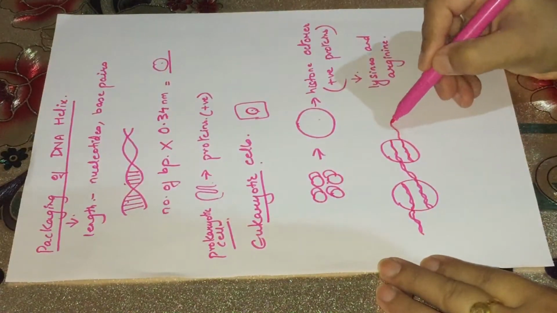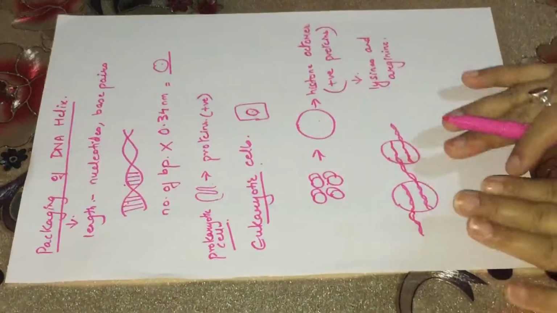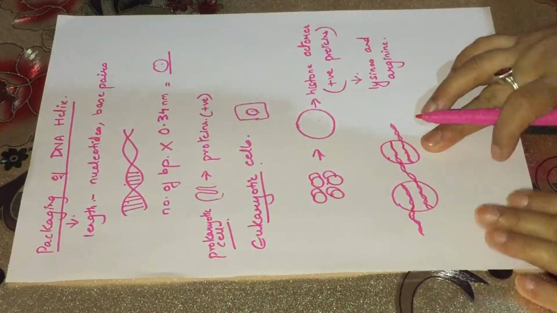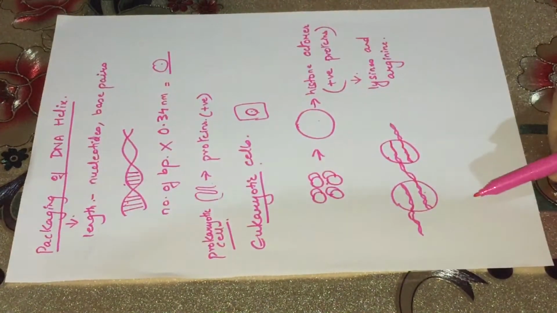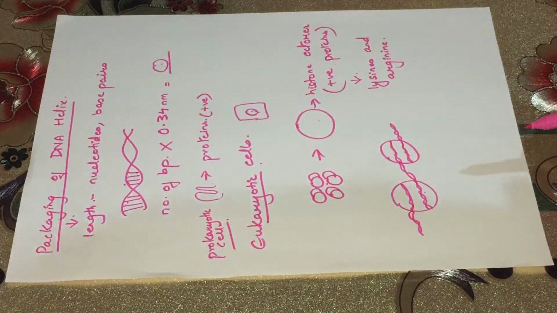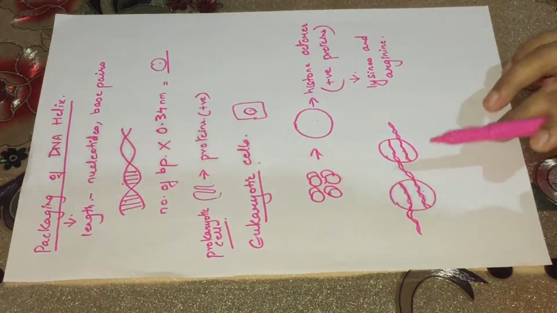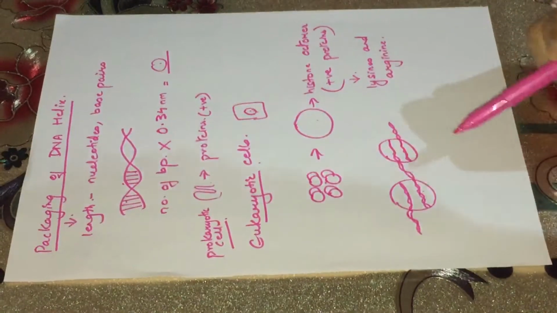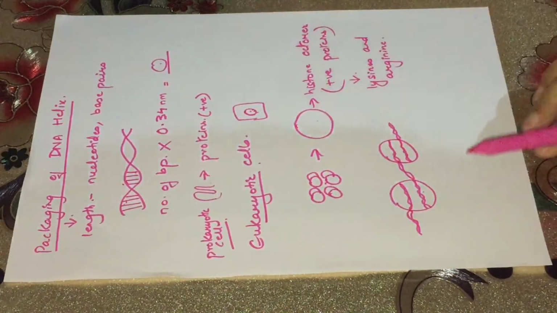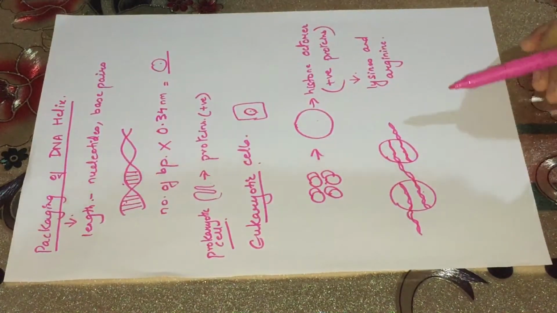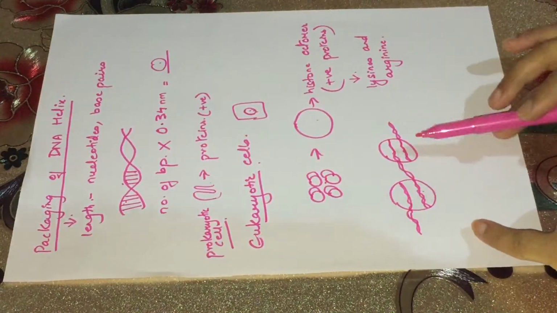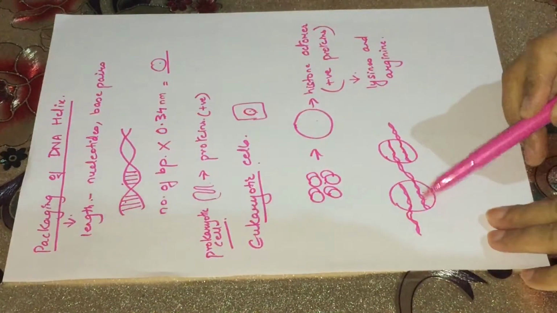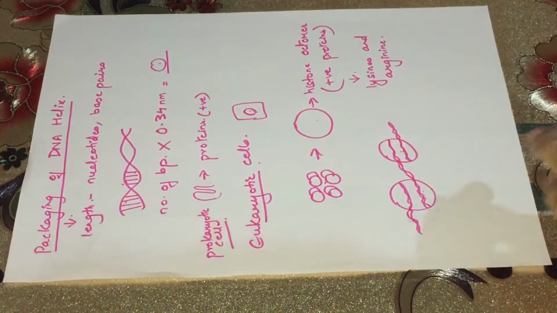There are so many histone octamers, and DNA is wrapped around these positively charged histone octamers. When you look at this under the microscope, you will see this structure as beads on a string.